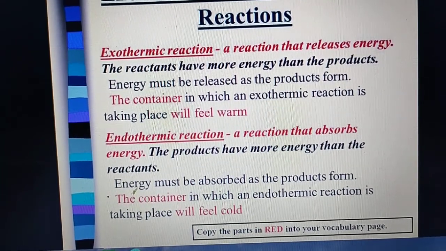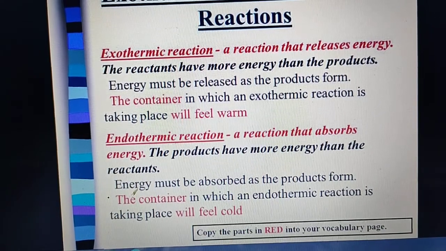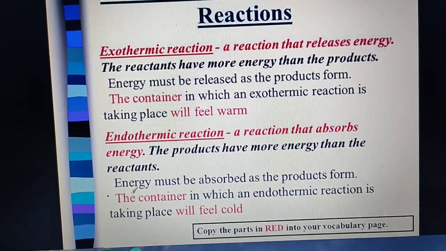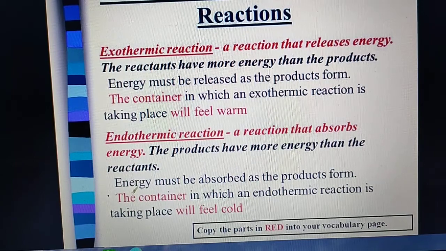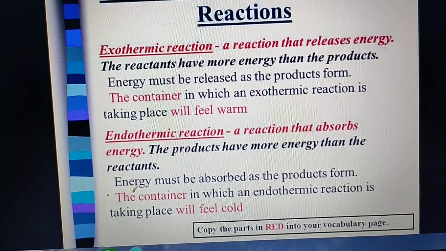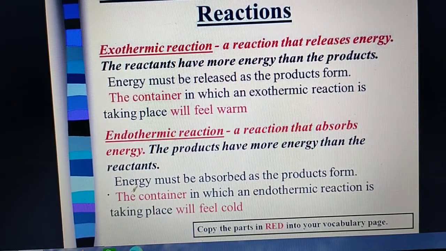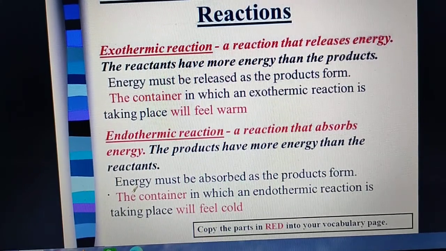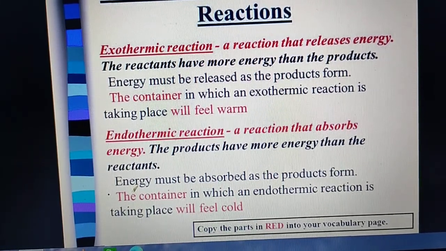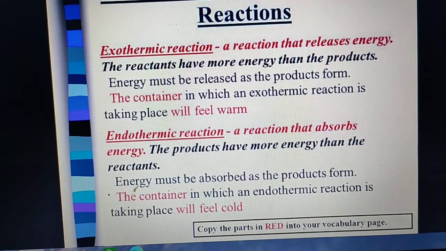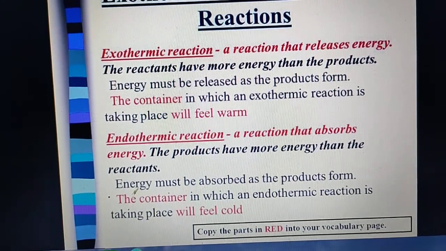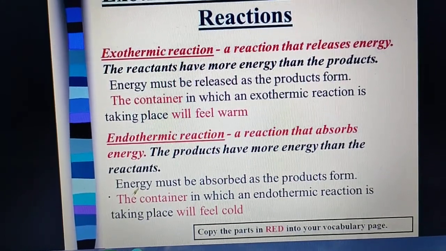See the reaction between nitrogen and oxygen. Nitrogen and oxygen react. If you supply heat to it, nitric oxide forms. This is one of the major reactions which takes place in the atmosphere when lightning strikes. Remember this one. The second reaction, the dissolution of ammonium chloride in water, is an endothermic reaction.